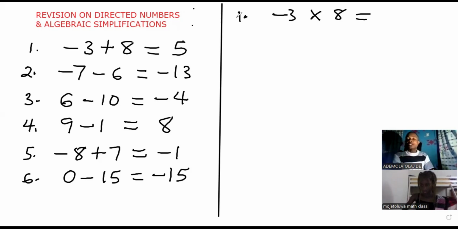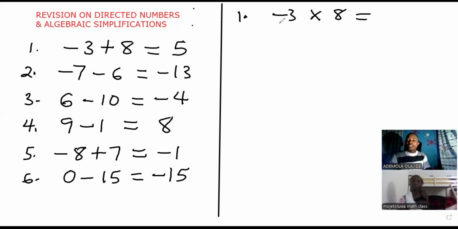Under multiplication, I told you, you are using laws of multiplication. Plus times plus will give you plus. Minus times minus will give you what? Plus. Why? Because they are two same signs multiplying, so it will be plus. But if there are two different signs multiplying, it will be negative. Negative times positive, negative. Positive times negative, negative.